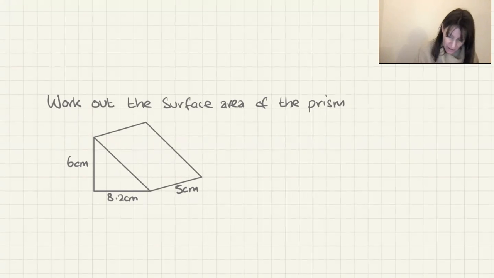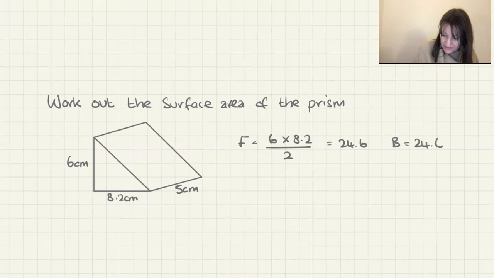Okay? So we've got the front being 6 base times height, 6 times 8.2 divided by 2, which is 24.6. And then the back is 24.6. So it started really well.